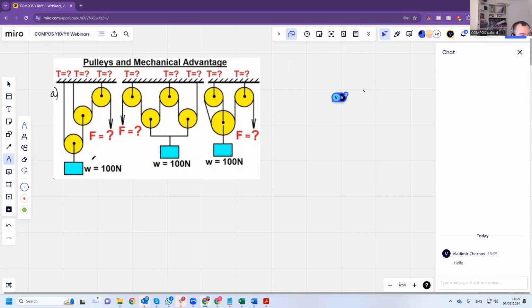What can we do? How much force is needed? If you're pulling on this rope with a force F, the tension in this rope is F. The tension on this rope is also F because it's the same rope.